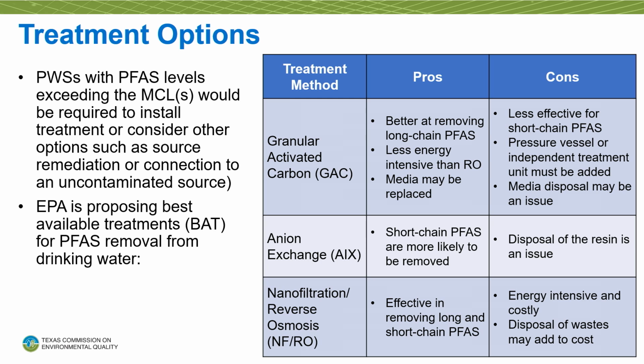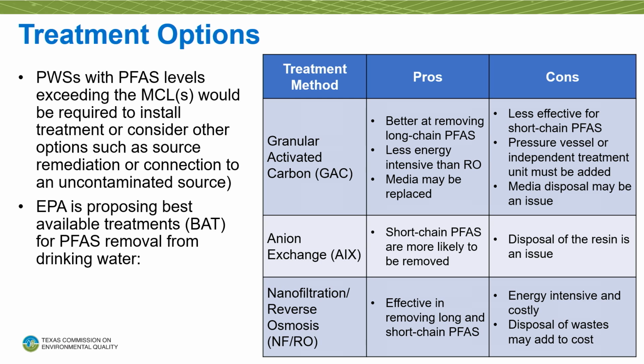The cons: it's less effective for short-chain PFAS, and short-chain PFAS is PFBS, PFHxS, and HFPO-DA, or those GenX chemicals. A pressure vessel or independent treatment unit must be added, and media disposal may be an issue.